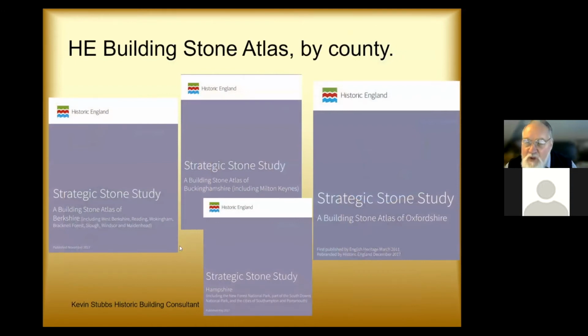Well, if you're wanting to look closely at the historic use of stone in your area, the best start is to look at the Historic England building stone atlases for your particular county. And these have a list of all the historic quarries that were in use. They have examples of the buildings so that you can recognize the stone in use as a building material.